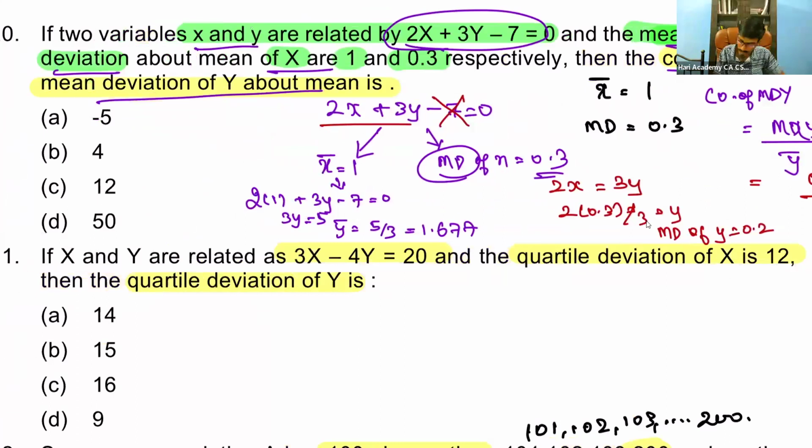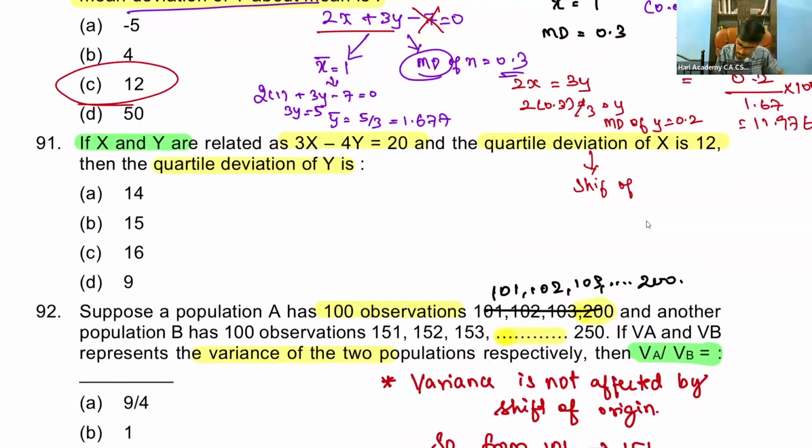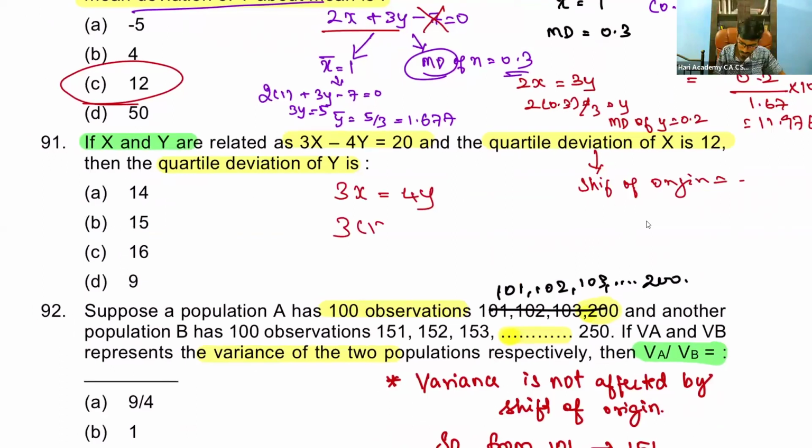The average rate of return will be... Whenever it is based on percentage, we will consider the geometric mean. The geometric mean formula: we have three values, 100, 200, 300. For ease, 100 is common, so I will take that common and put 1, 2, 3. If you want, you can still put it as 100.